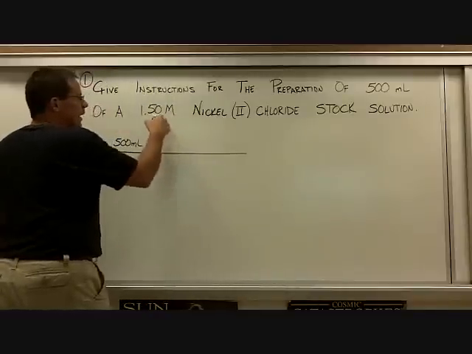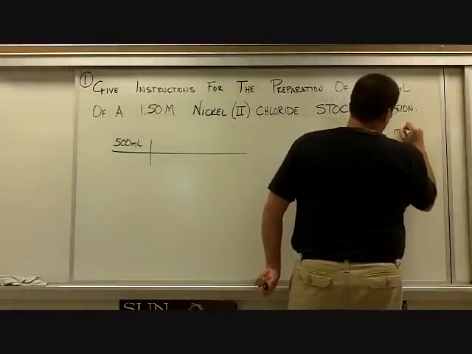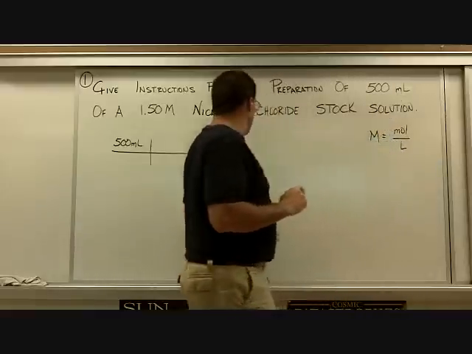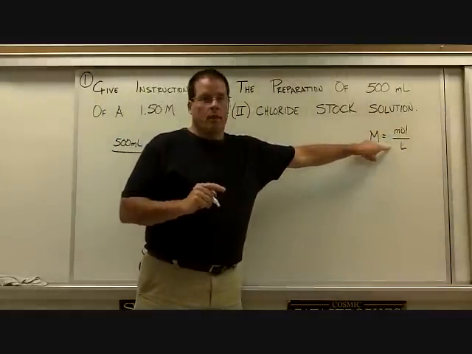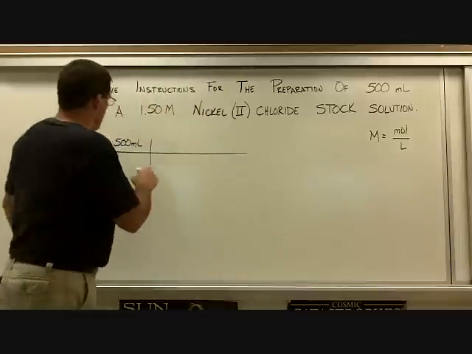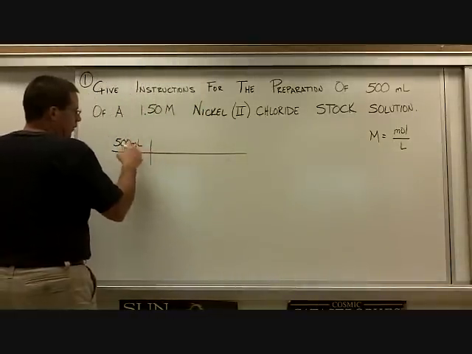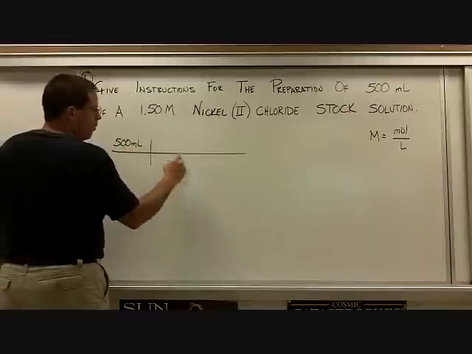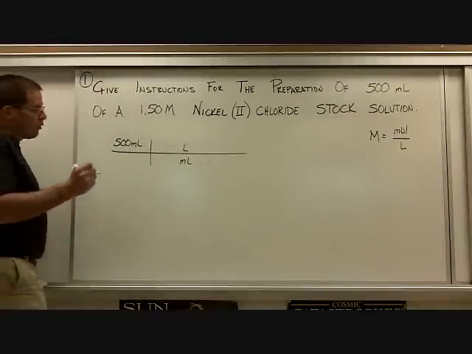Since molarity, again, is in moles per liter, we have to change the milliliters to liters. All right, so that's the first thing that we must do. So I'm going to change the milliliters into liters, and again, with our factor labeling, if it's not the unit that we're looking for, we want to move it diagonally. So I'm going to put milliliters down here, liters on top. Which one's bigger?